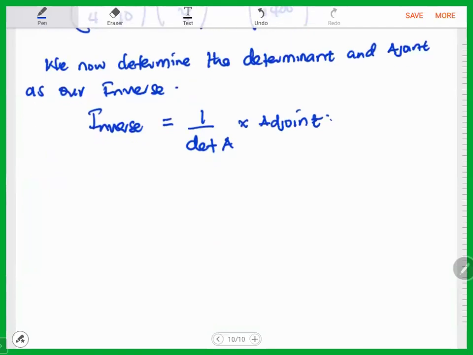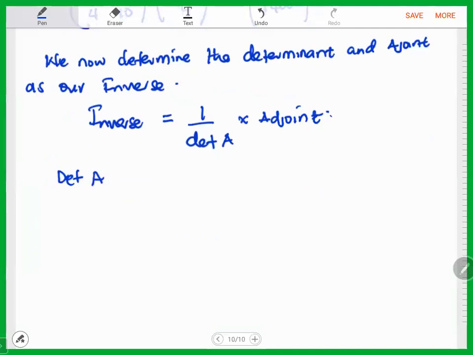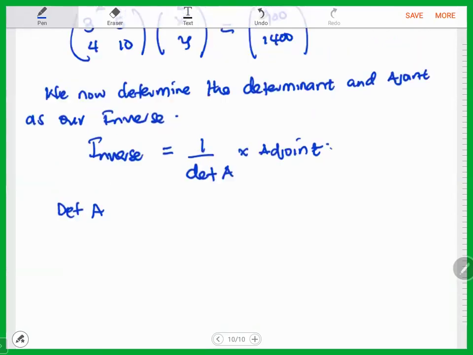So can we get the determinant of A? The determinant is obtained by getting the difference between the product of the major diagonal and the product of the minor diagonal.